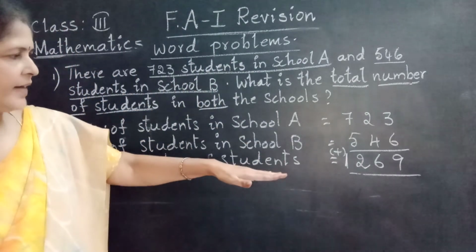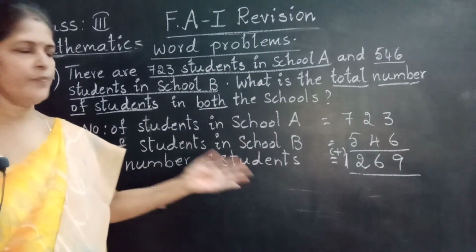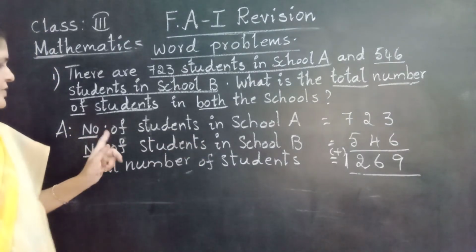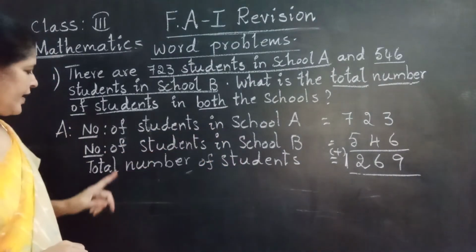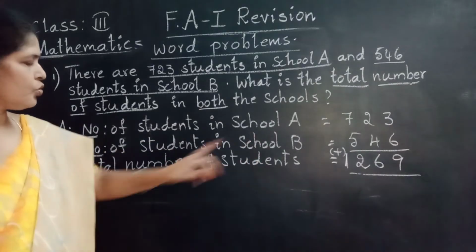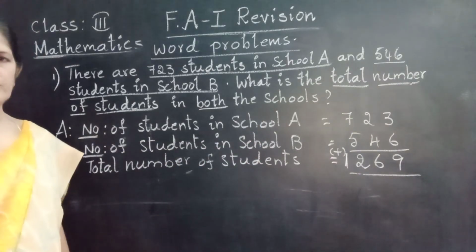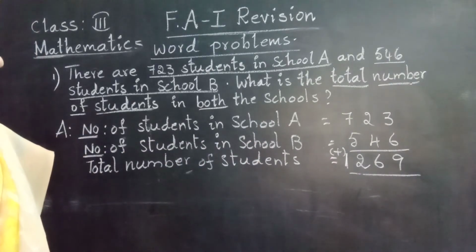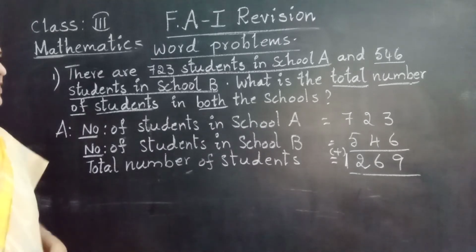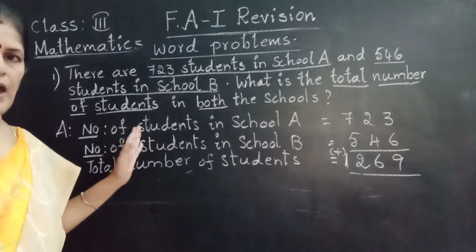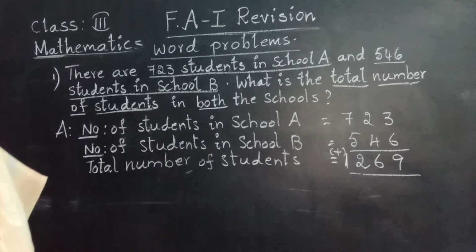We get the answer by addition. Write the steps like this: number of students in school A, number of students in school B, total number of students. Do you understand? This is also a textbook problem. Next one.